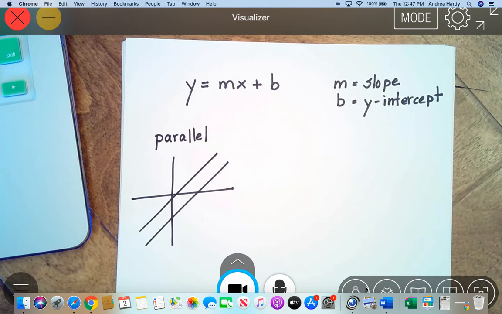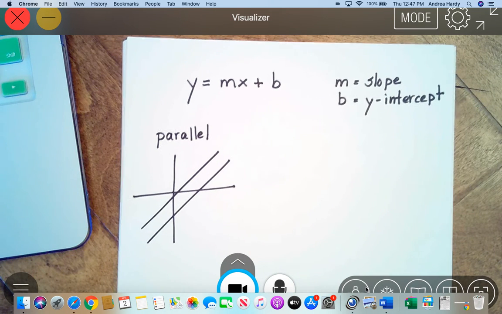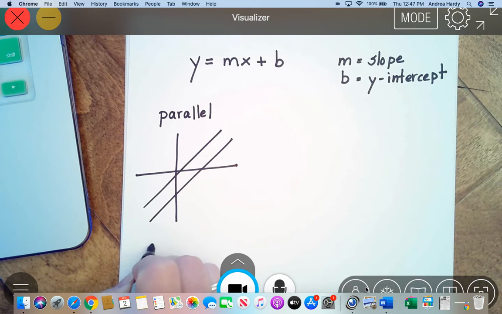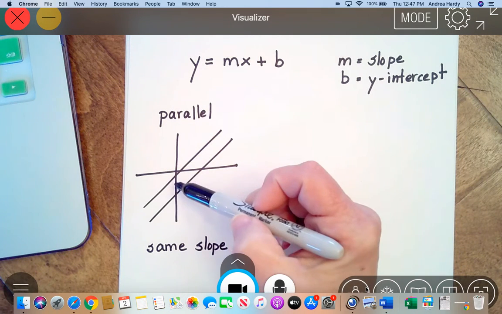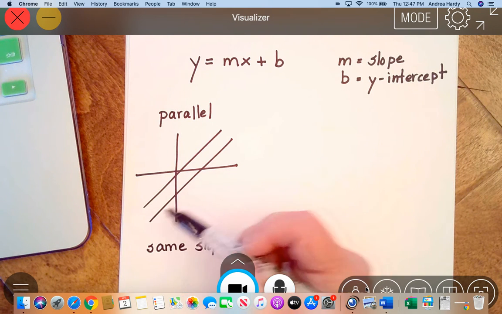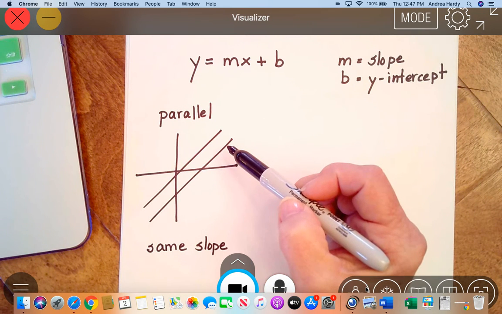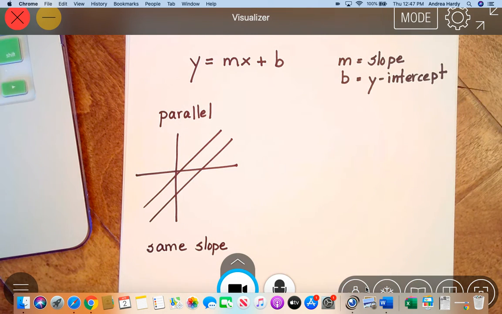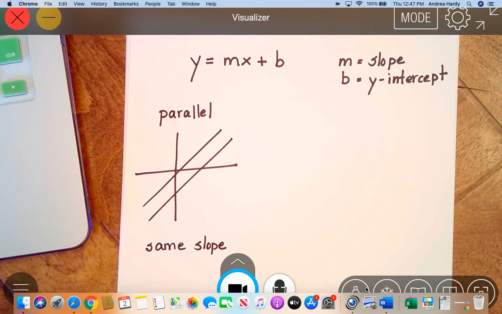What do you notice about those lines? They will have the exact same slope, but you can see they have a different y-intercept. Both these slopes are positive. It rises from left to right. So these two lines have the exact same slope, but they have a different y-intercept.